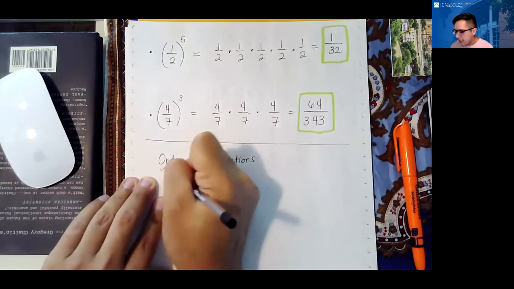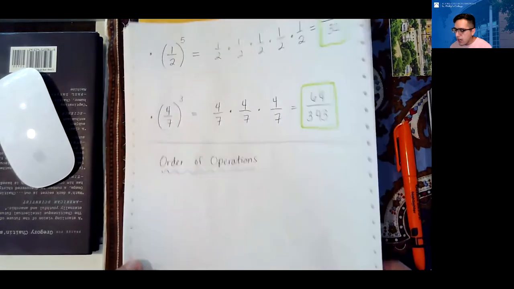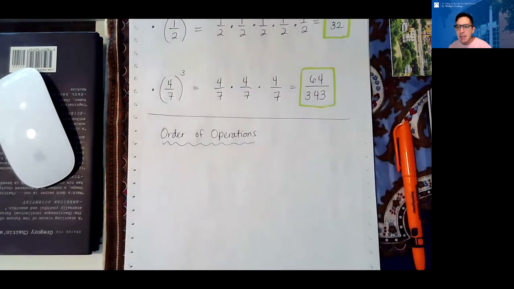This phrase is used in mathematics to just really describe the consistent steps that we need to use to simplify a complicated algebraic expression so that anyone who works to simplify that expression will come to the same result.